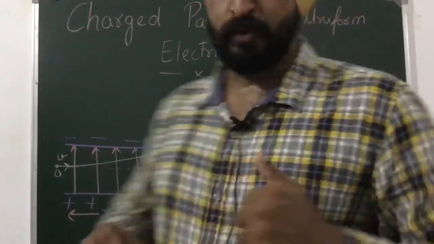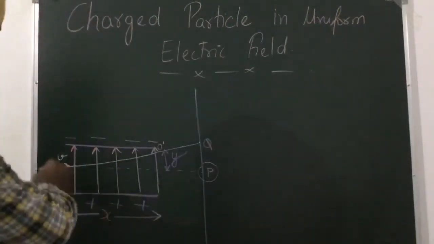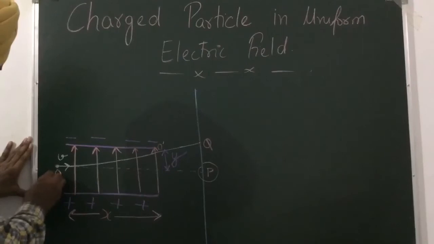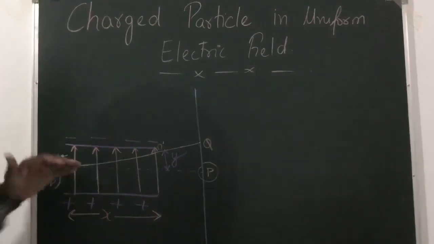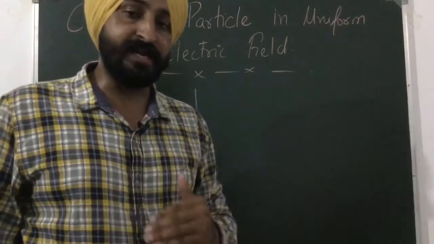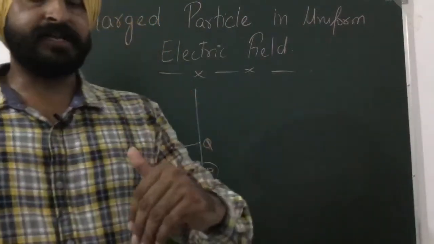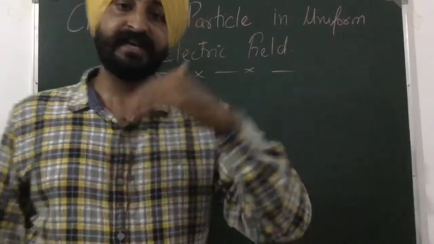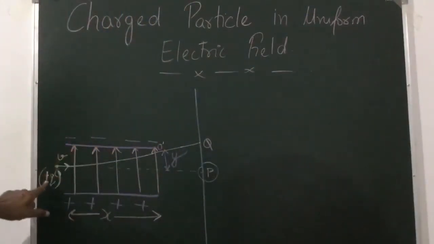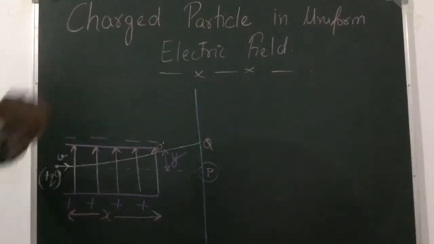Now let us suppose that the charge which is moving in this electric field carries positive charge. Then that positively charged particle will be attracted towards the negative plate. And here you have the negative plate. This charge will be attracted towards this negative plate.